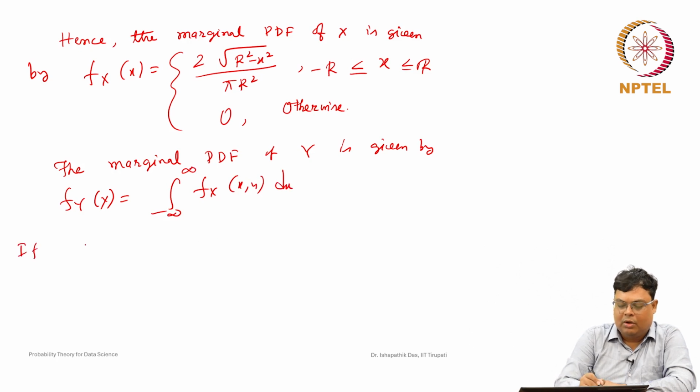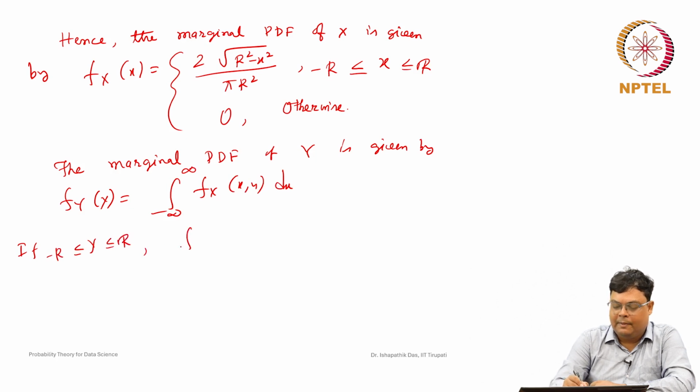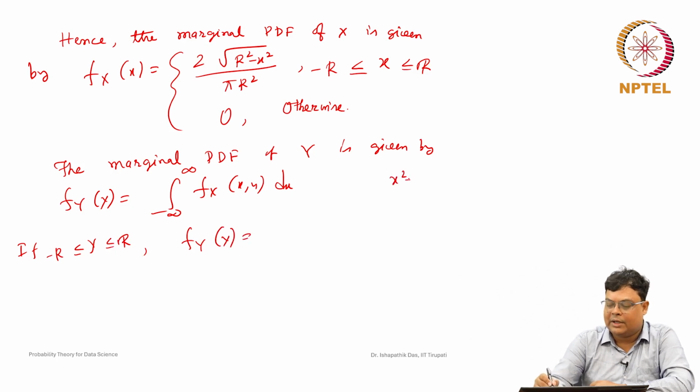Whenever y is between minus r and plus r, it is non-zero, and the limit comes from x square plus y square less than or equal to r square. Fixing y between minus r and plus r, x square is less than or equal to r square minus y square, so for a fixed y we have to find the limit of x because we are integrating over x.